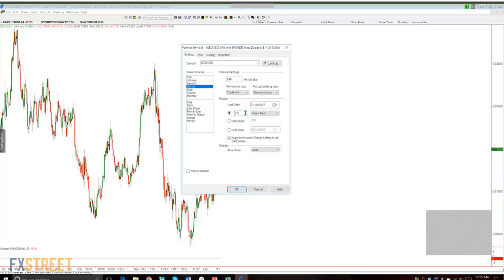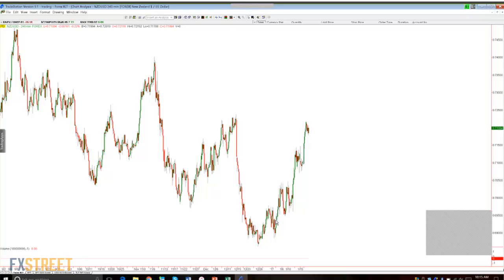Get a little more data in here. Here's that demand zone, by the way, below current price. Doesn't look bad.